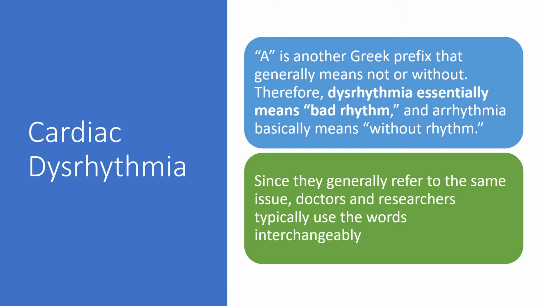Therefore, dysrhythmia essentially means a bad rhythm, and an arrhythmia basically means without a rhythm. Essentially, they are the same, and you will find that in your textbook, they're usually interchangeable. People will say dysrhythmia, and they'll also say arrhythmia, and it basically means the same thing.